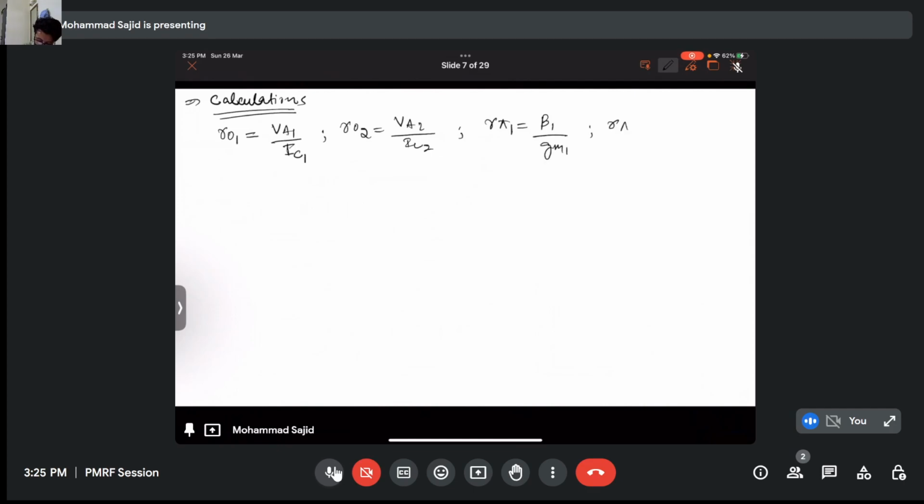Similarly, R pi 2 will be beta 2 by GM2. And my GM1 will be IC1 by VT. Similarly, GM2 will be IC2 by VT.